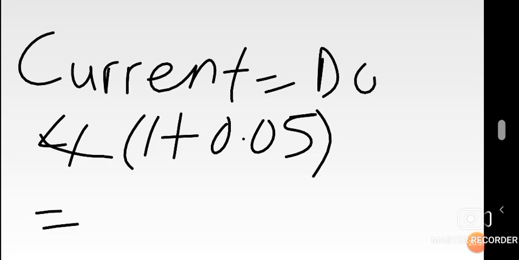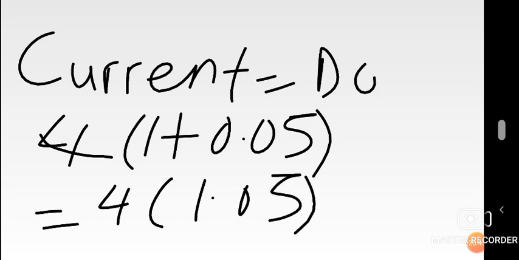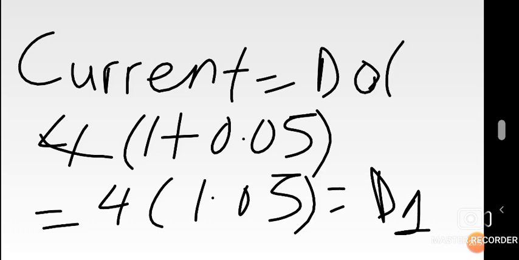When you punch that in, you should get your D1. Because we said earlier, D0 when multiplied by 1 plus G gives you D1.